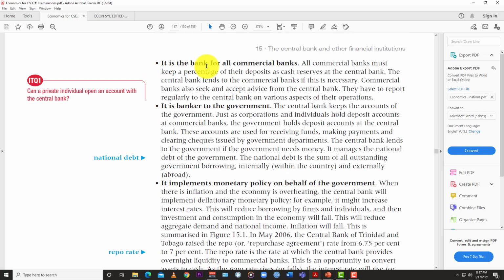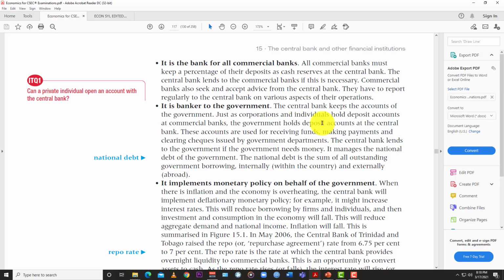It is the bank of all commercial banks. All commercial banks must keep a percentage of their deposits as cash reserves at the central bank. The central bank lends to the commercial banks if this is necessary. Commercial banks also seek and accept advice from the central bank. They have to report regularly to the central bank on various aspects of their operations.